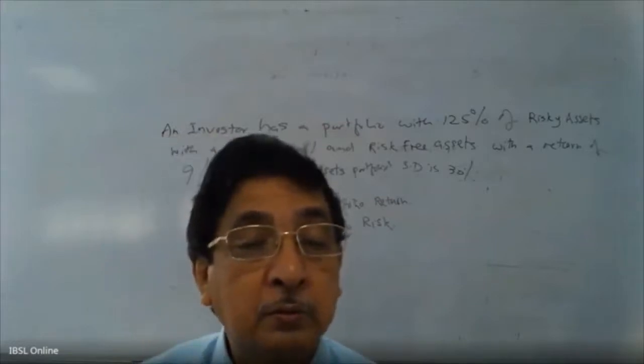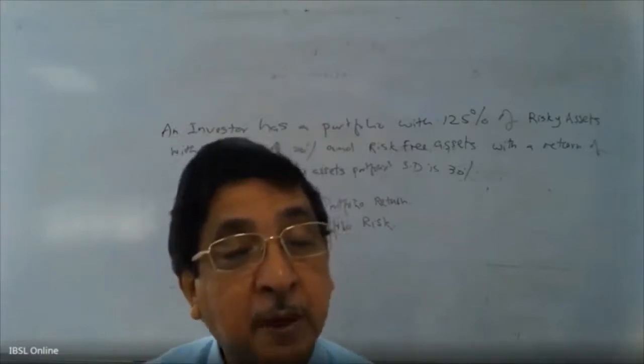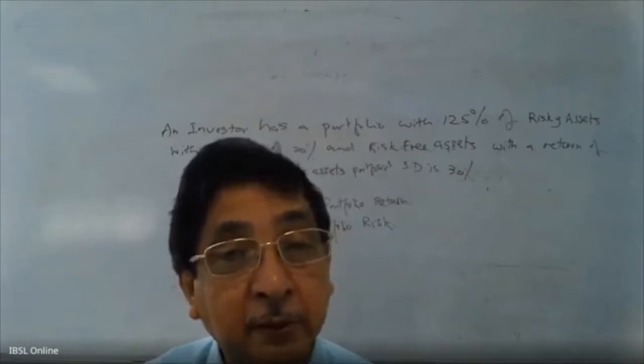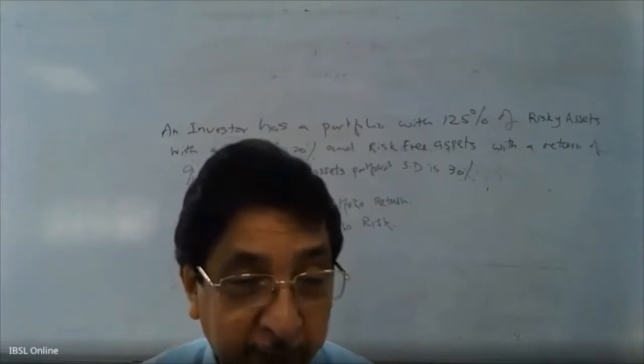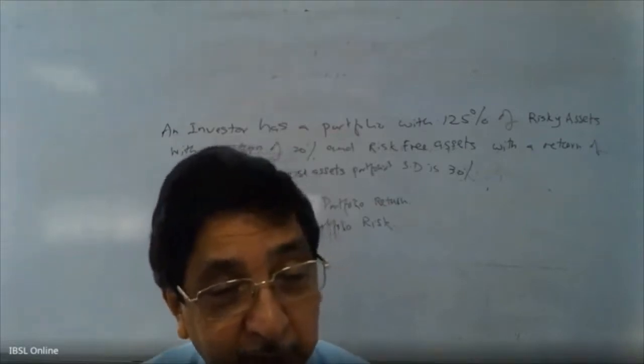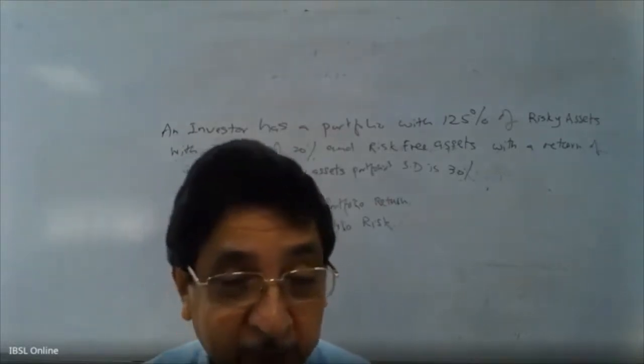Now, this is a simple thing, because 125% means 1.25 as a weight. Then what is the weight of the risk-free asset?